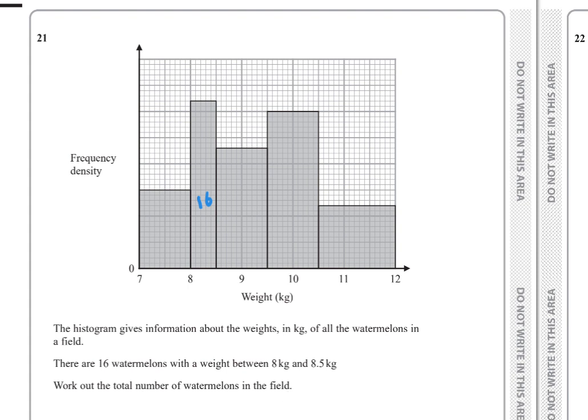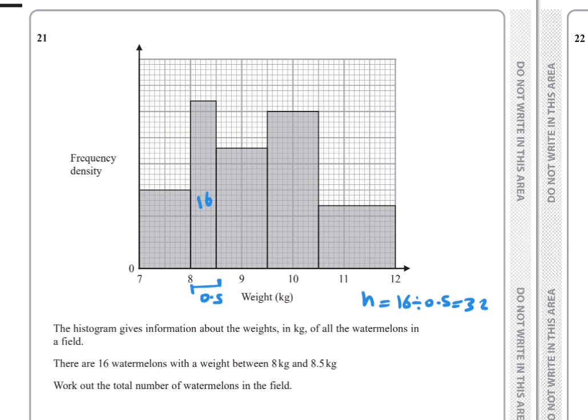From the area of this one, we can find the scale of the y-axis. Area equals base times height. Base equals 0.5, because from 8 to 8.5. For the height, 16 divided by 0.5 equals 32.